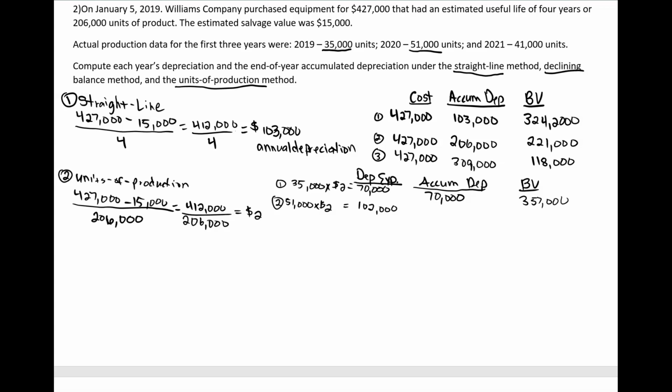What's sitting in accumulated depreciation now after year 2 is the 70,000 from year 1 plus the 102 from year 2. That's $172,000 sitting in accumulated depreciation. Subtract that from the cost of $427, and we get a book value of $255,000.